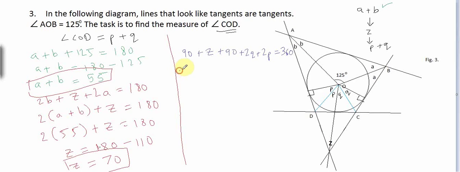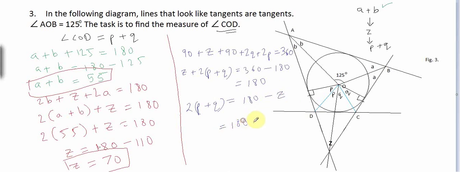So this equation reduces to Z plus 2 times (P plus Q) is equal to 360 minus 180, which is equal to 180. So 2 times (P plus Q) is 180 minus Z, which is equal to 180 minus 70, and 180 minus 70 is 110.